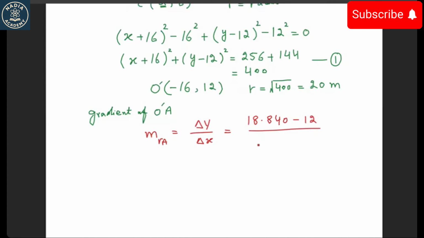What delta x is, that is the x coordinate of the point A, which is negative 34.794, minus 16. So minus minus will be positive.